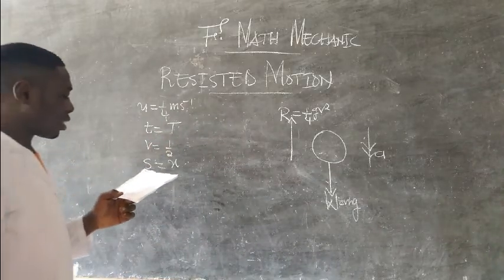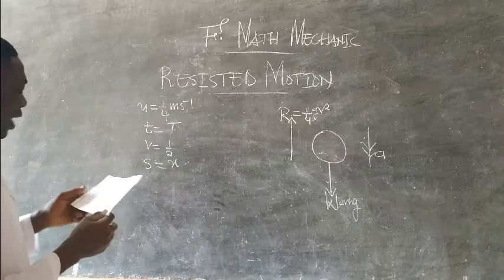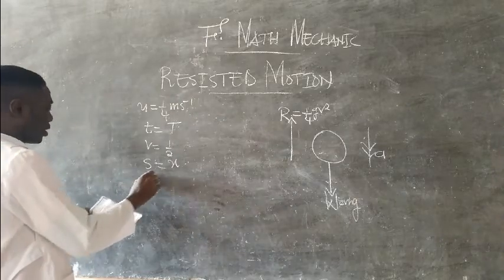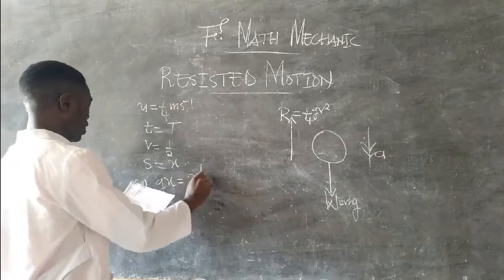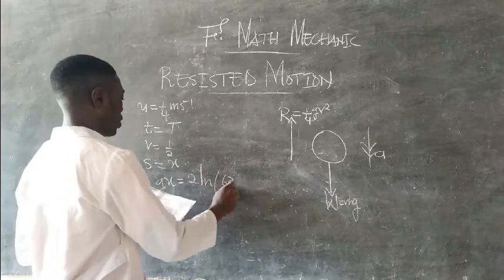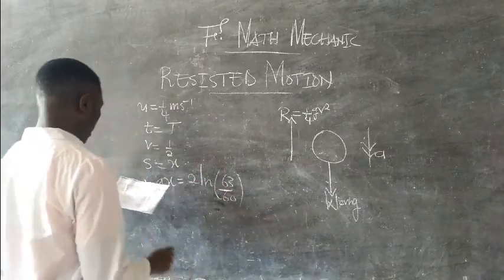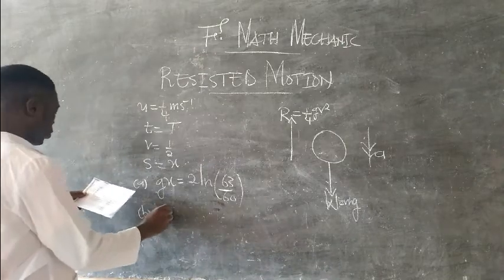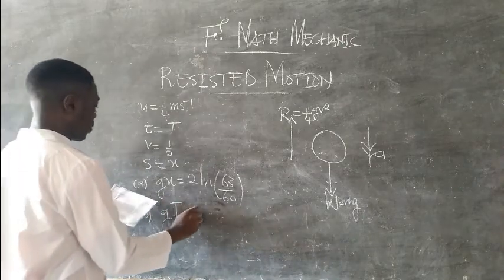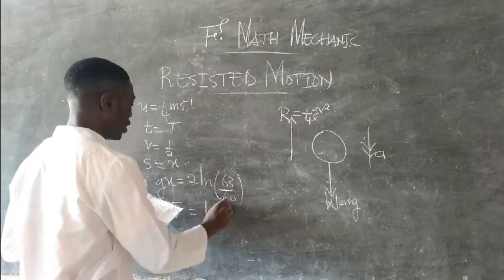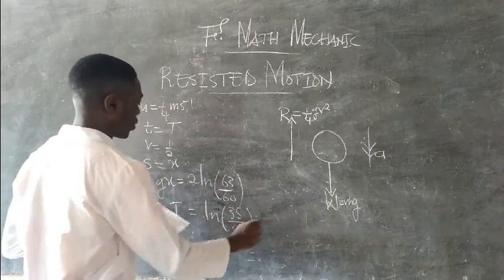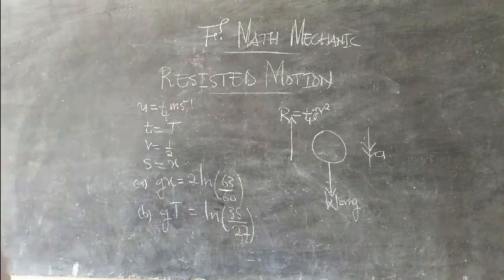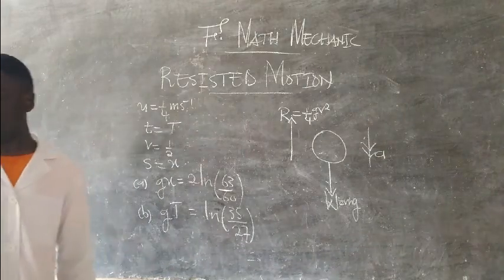They said show that gx is equal to 2 ln 63/60, and part b says that you should show that gT is equal to ln 35/27. So please, that is the question.